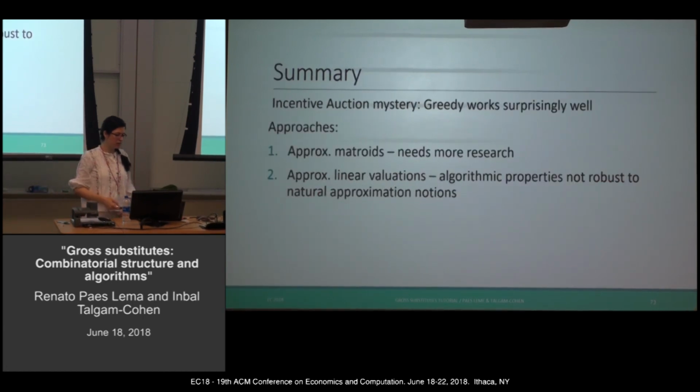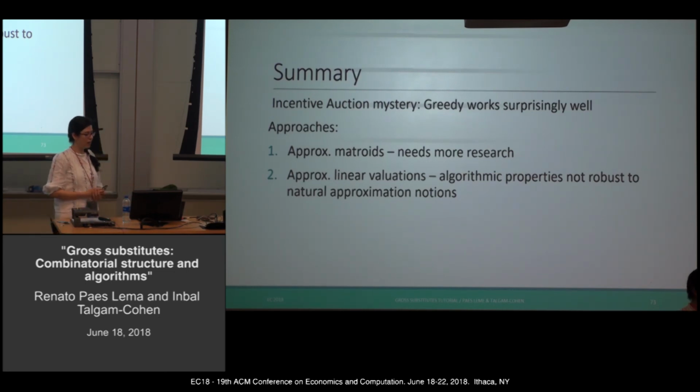Okay, so to summarize what we just talked about, we have this mystery of the incentive auction. It works really well, even though it's really not supposed to. And the ways that this has been approached is to look at approximate matroids, and I think this needs more research, and then to look at approximate linear evaluations.